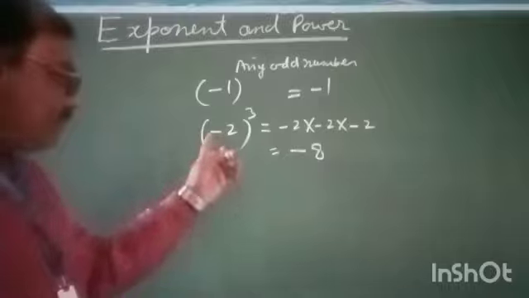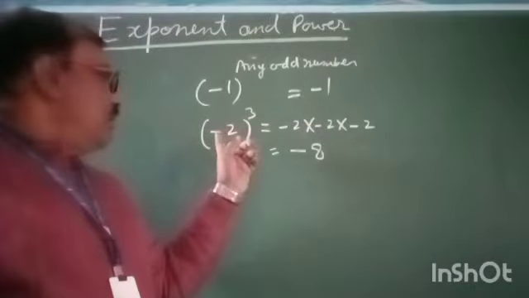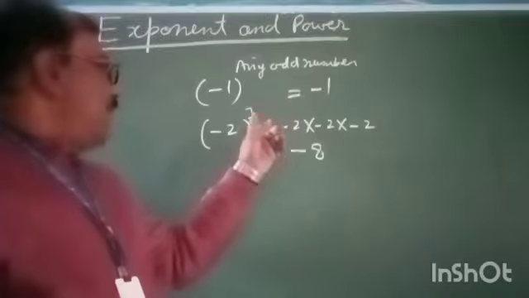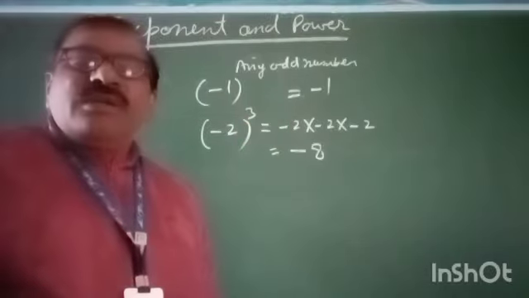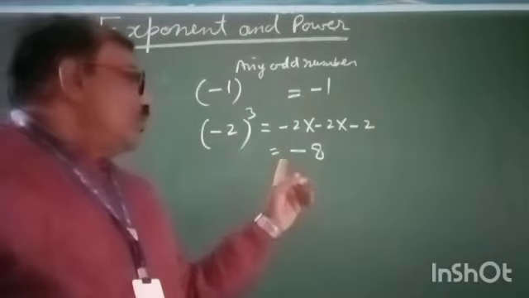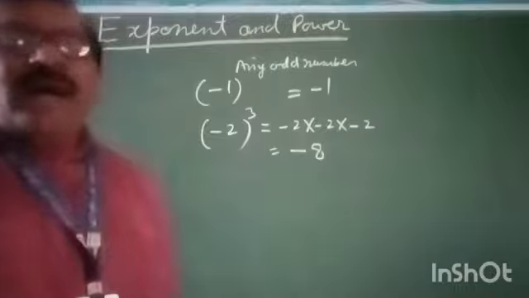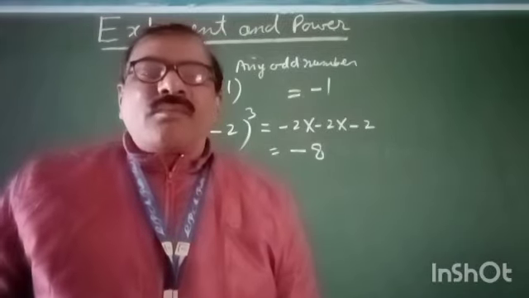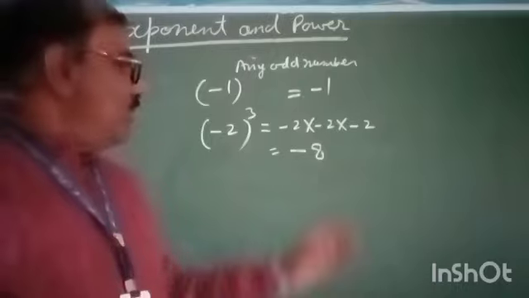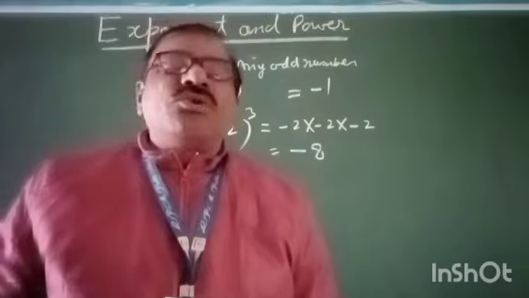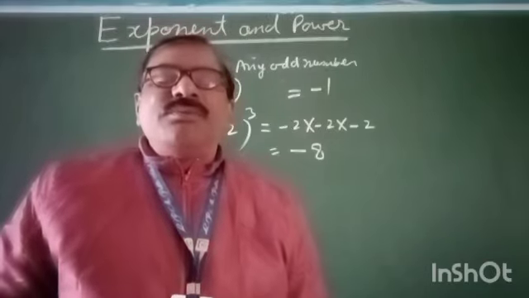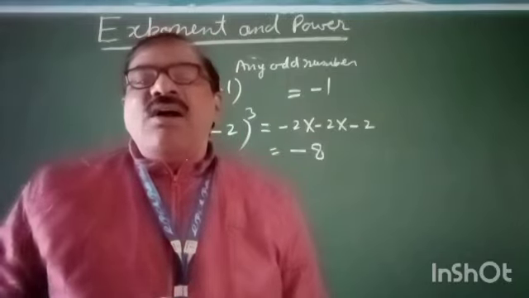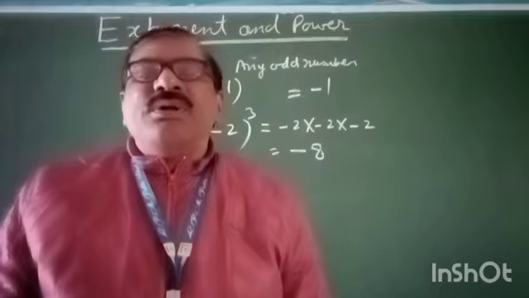Here -2 is the negative integer and the power is an odd number, so I find a negative integer. So dear students, I hope this is clear to you that if the power of any negative integer is an odd number, then I will find a negative integer.